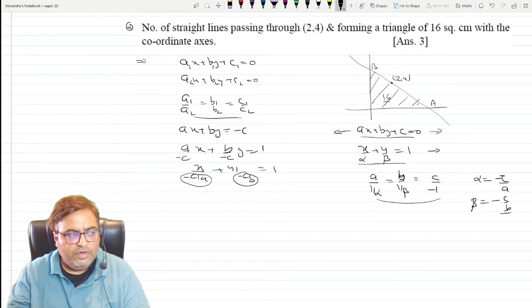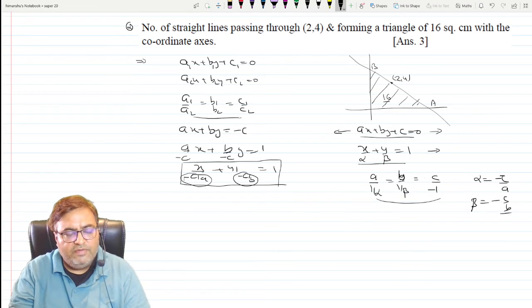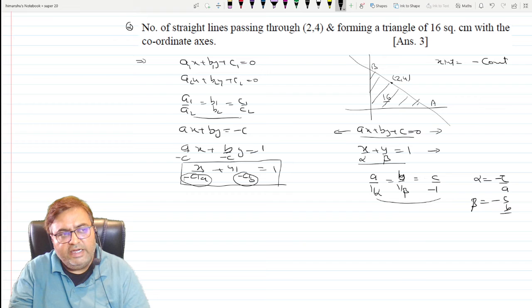That will change the equation into the intercept form. And by this we have come to know that the x-intercept comes out to be minus constant term upon coefficient of x, and y-intercept comes out to be minus constant term upon coefficient of y.